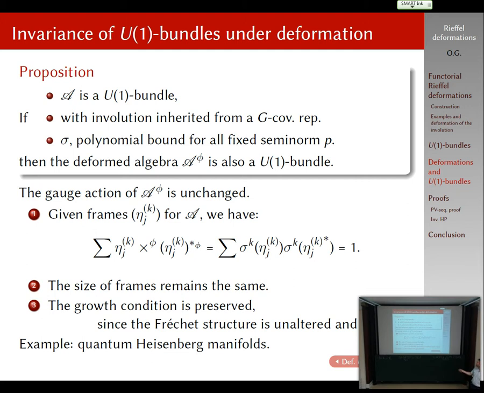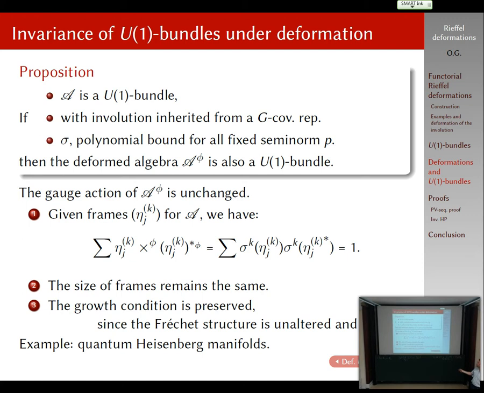The gauge action on the deformed algebra is unchanged because it belongs to these morphisms which are preserved. The point is that if you have a system of frames for the undeformed algebra, you're going to get a system of frames for the deformed algebra.